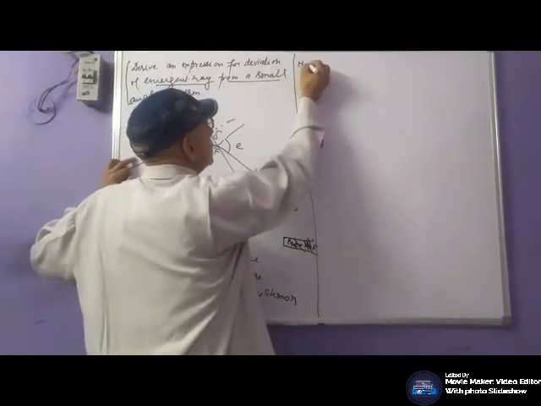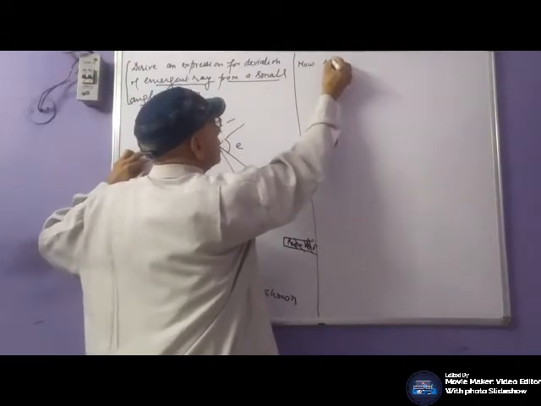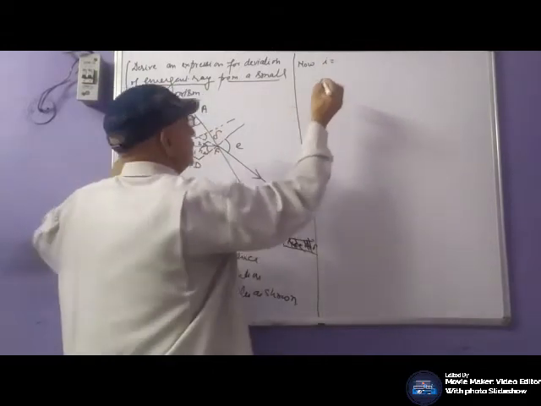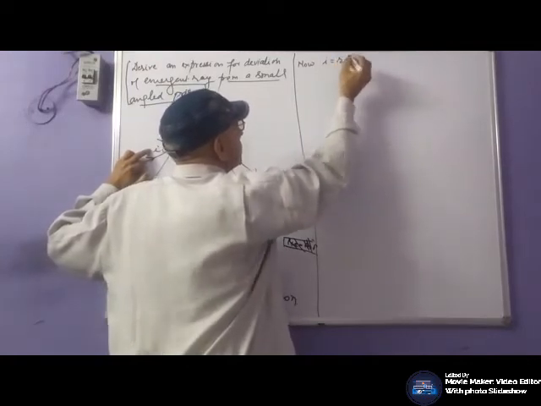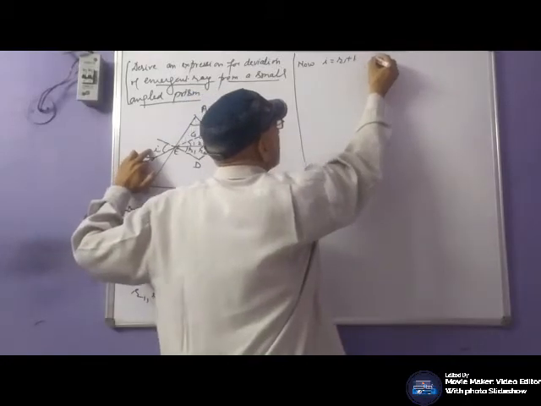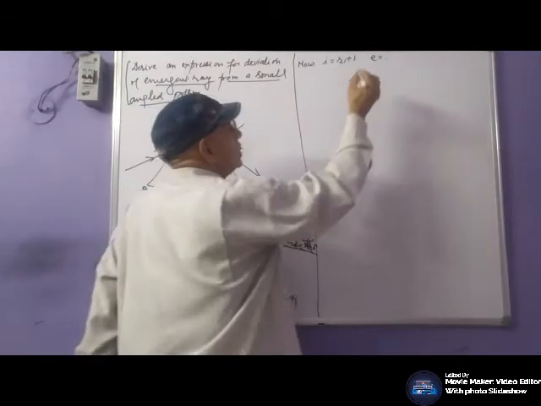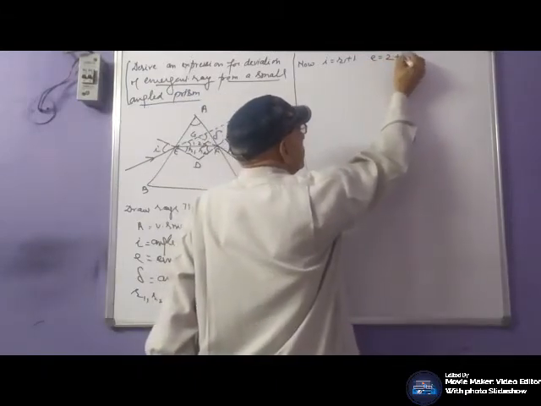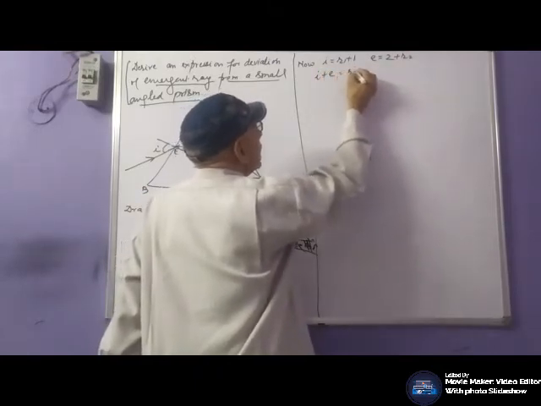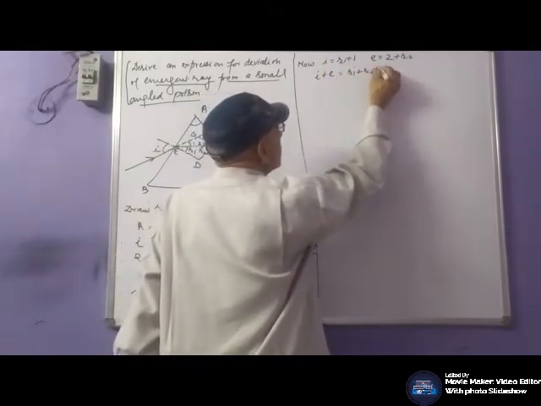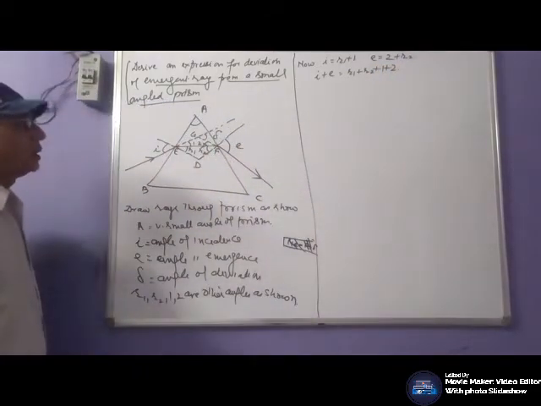From figure, now I, opposite, R1 plus 1. E, this is E, 2 plus R2. I plus E, R1 plus R2, 1 plus 2. Add them.